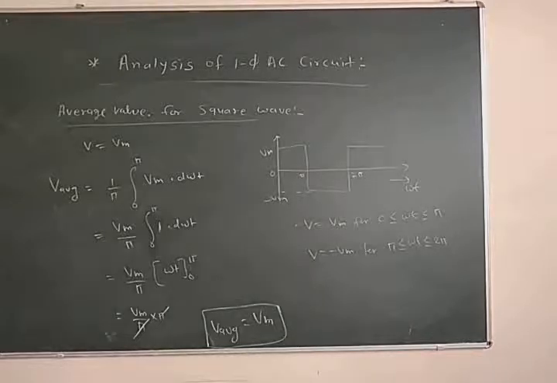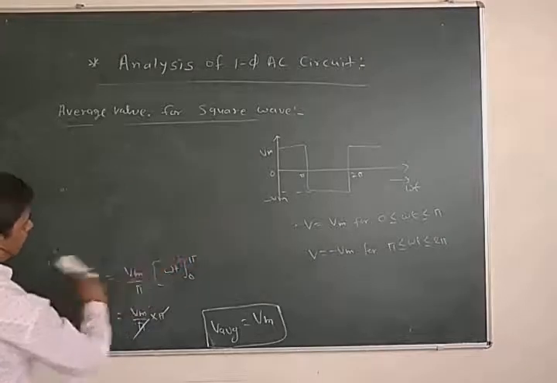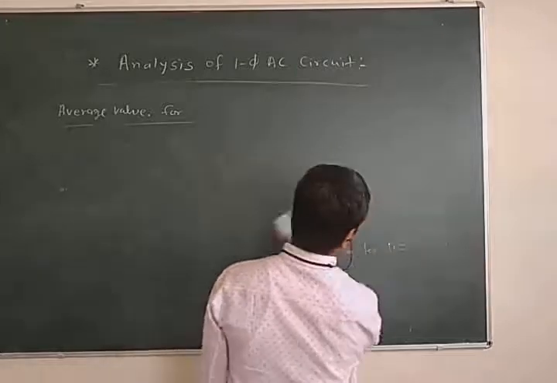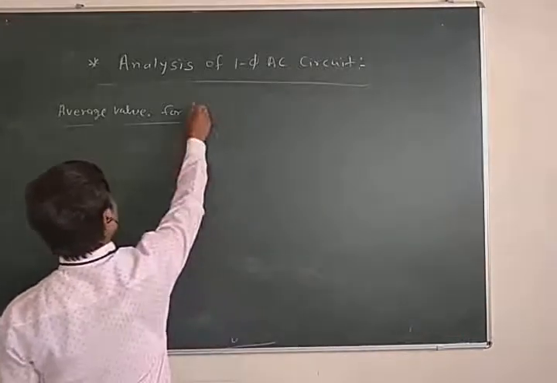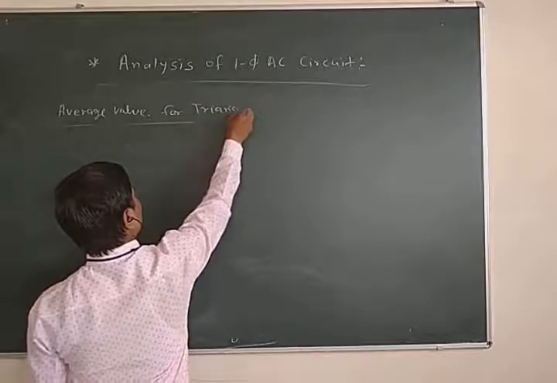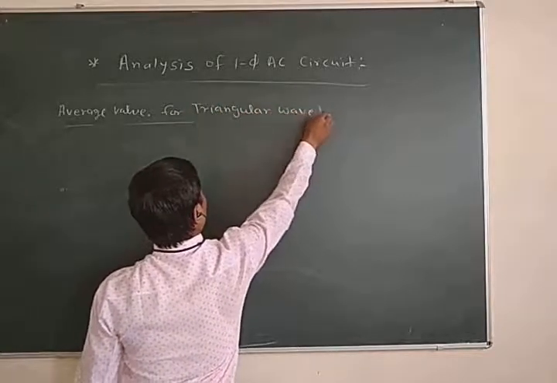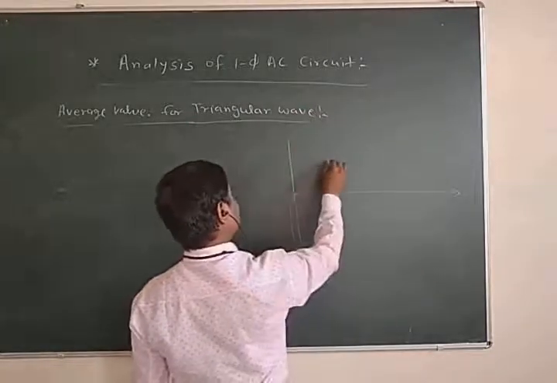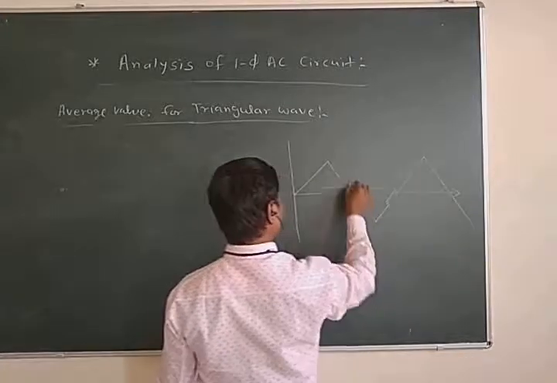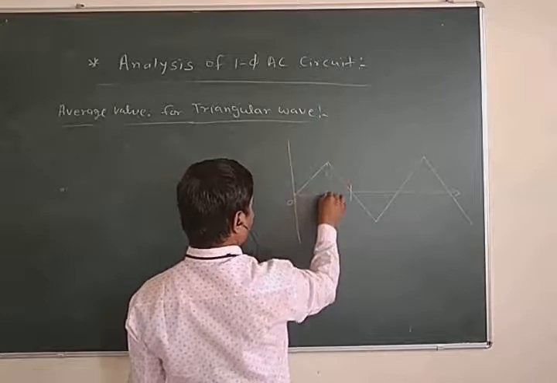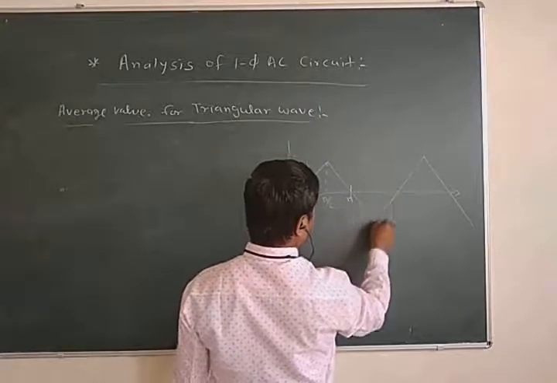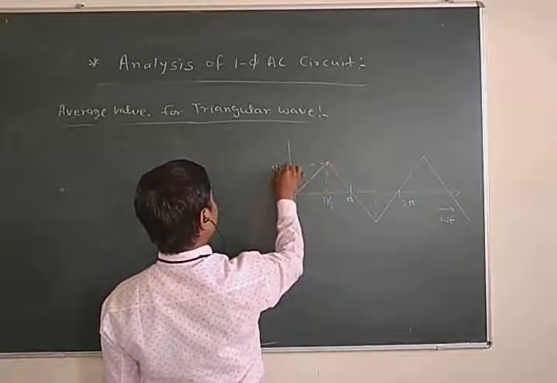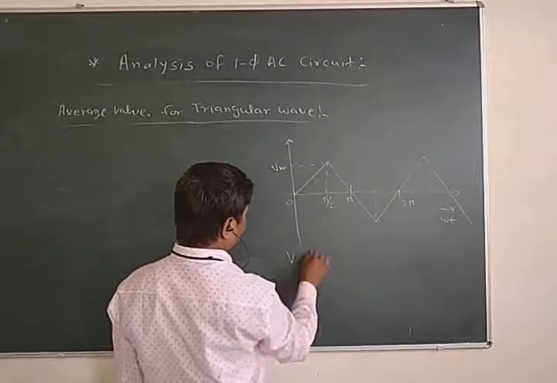Similarly for the triangular wave, the triangular wave shape is this. So this is 0, pi by 2, pi, and this is 2 pi omega. The maximum value of the function is Vm, and the function v is equal to mx plus c.